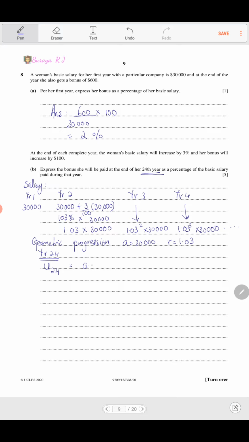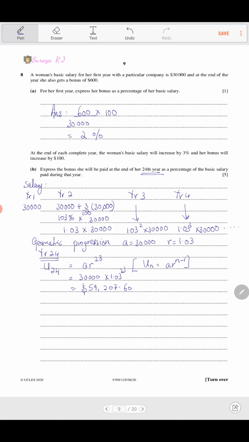It is a r power 23. We are using this formula: Un is equal to a r power n minus 1. Here n is 24. So it's 30,000 times 1.03 power 23, which is $59,207.60. So this is her basic salary at the end of year 24.